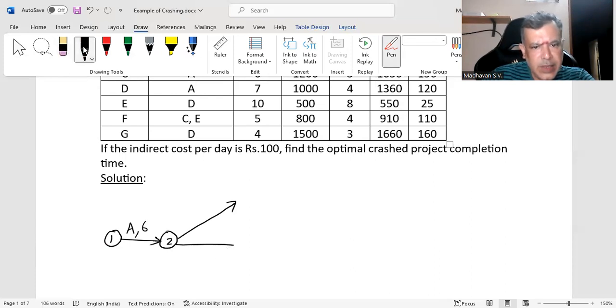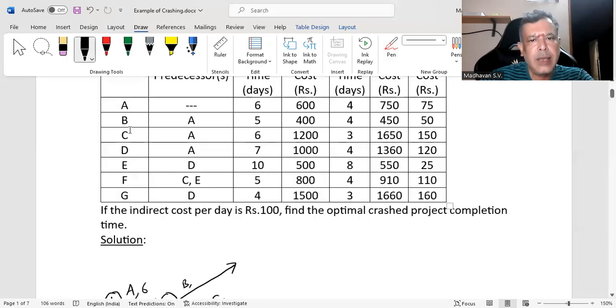We will call one of them B, this one C, and this one D.